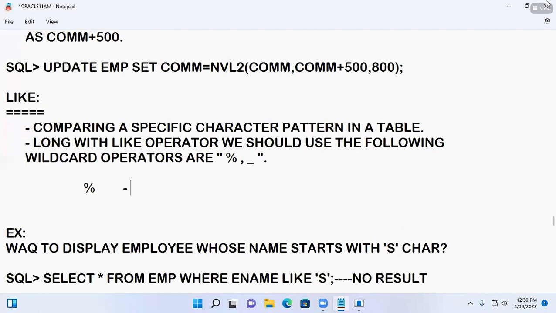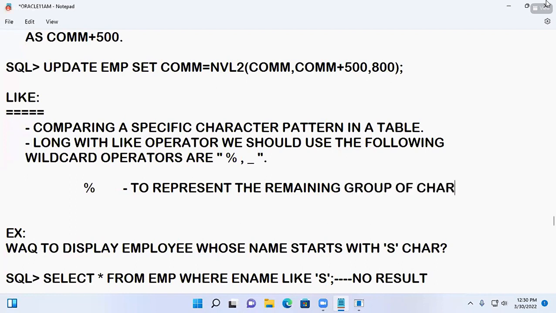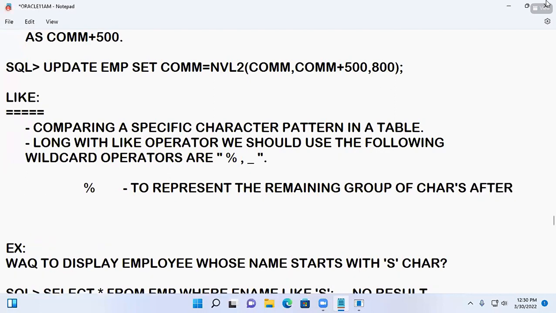So percentile is going to represent, guys, the remaining group of characters after the selected character.